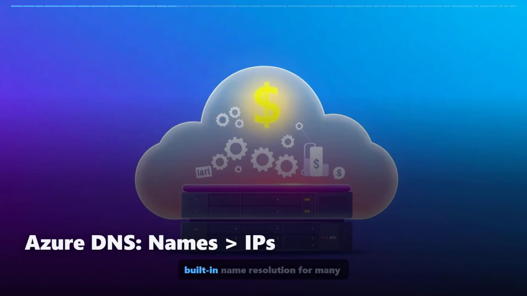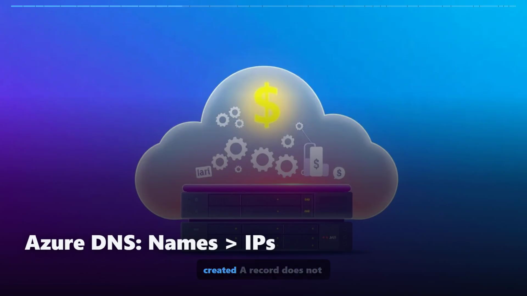Azure provides built-in name resolution for many resources inside a VNet. You can also create an Azure private DNS zone, such as internal.contoso.com, and use names like dbserver.internal.contoso.com. However, DNS records must still be maintained.